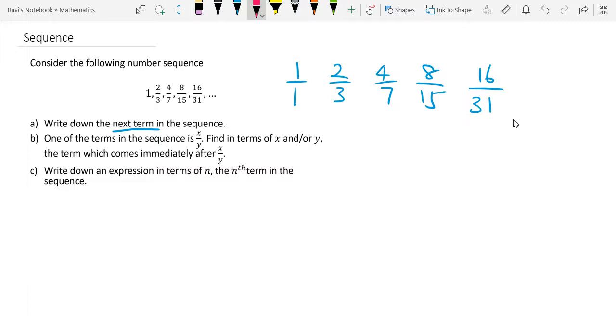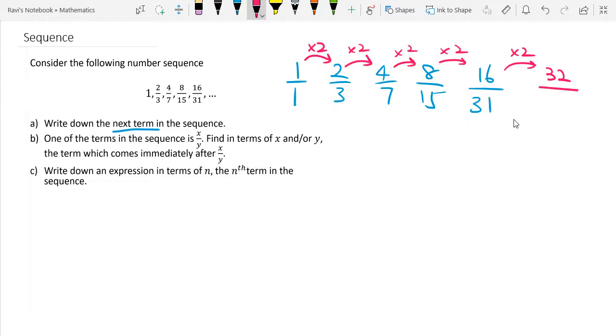From the numerator, you can see that the terms are always multiplied by 2. So the next term in the sequence is the previous numerator multiplied by 2. This is a very clear and obvious relationship, so the next numerator is going to be 32.